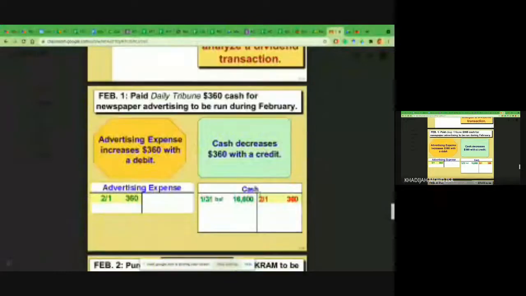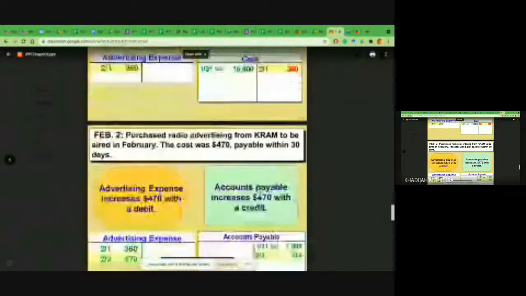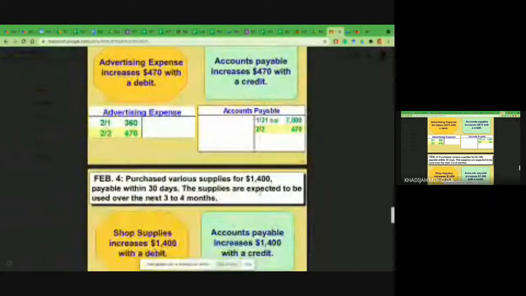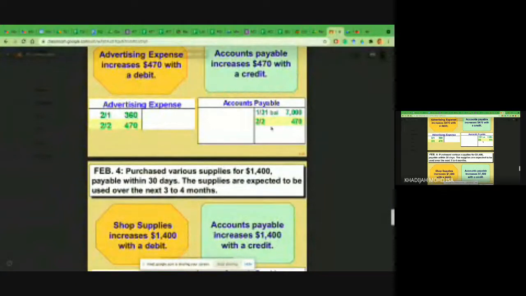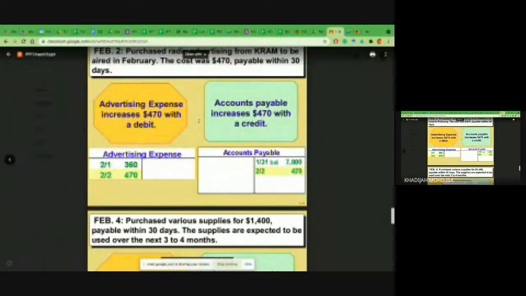So this one is an example of expenses, and here is expenses. How do you relate that with your accounts payable? Again, for expenses, if you pay now, cash will be reduced. But if you incur expenses on account, it means that you're going to pay the expenses in the future.